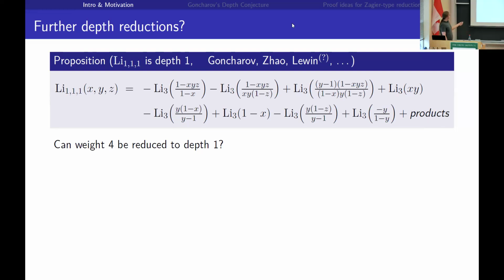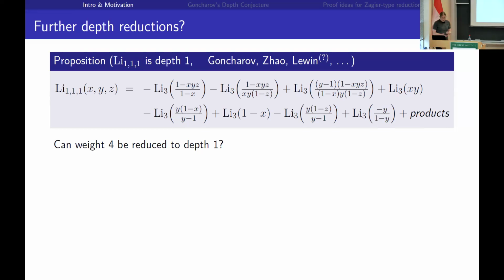But yeah, you can really just think of this right-hand side as being simpler stuff. It's all depth 1 functions where you've plugged in some rational argument. Rational functions are nice, depth 1 stuff is simple, and then we have a way of writing this complicated depth 3 thing purely in terms of depth 1, so it's nice.